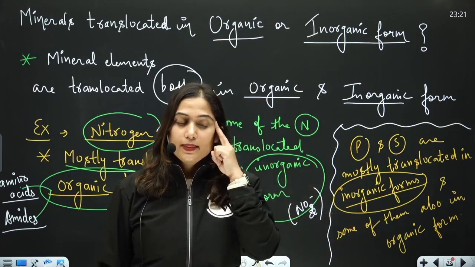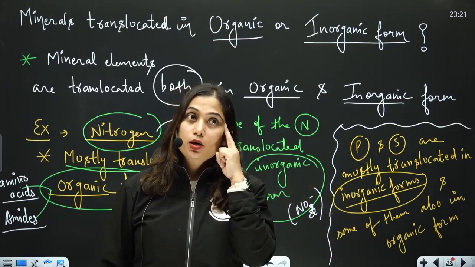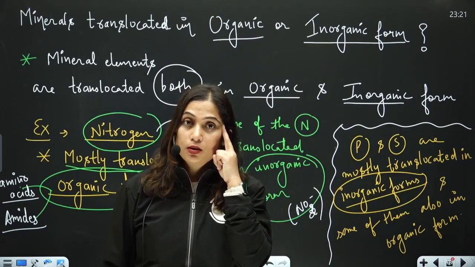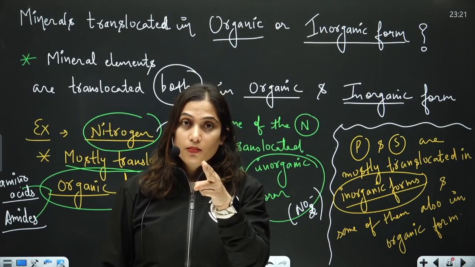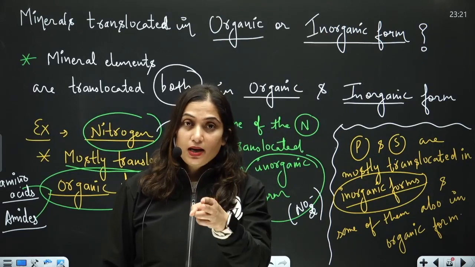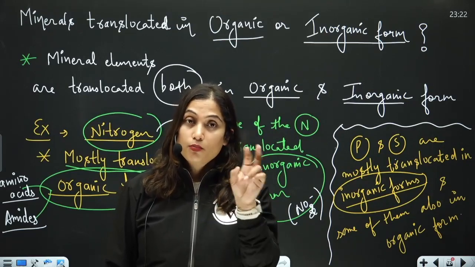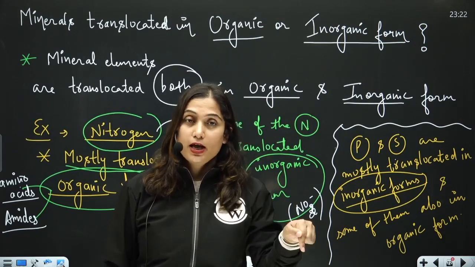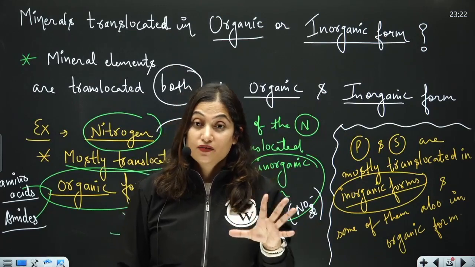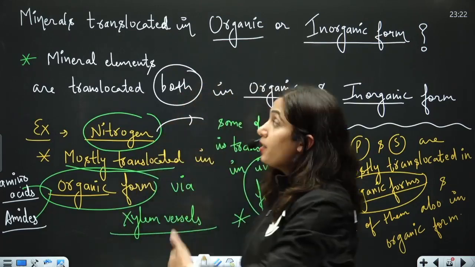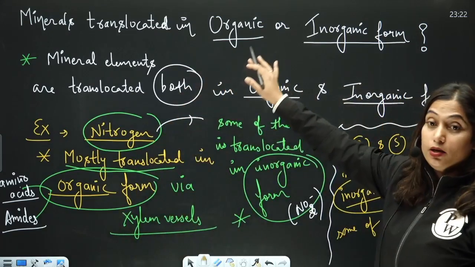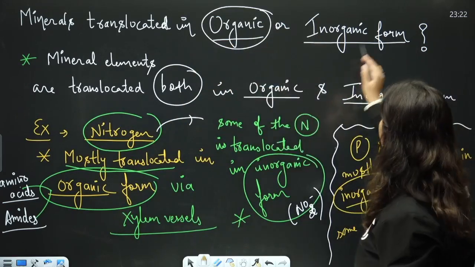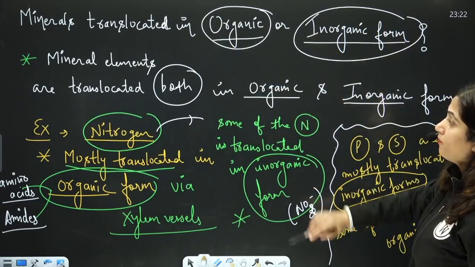It is thought that inorganic molecules and water move through xylem. No. Through xylem, the mineral elements move both in organic and in inorganic form. This is very important, lines of NCERT: minerals are translocated through xylem both in organic form and in inorganic form.